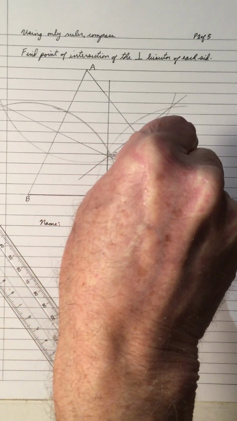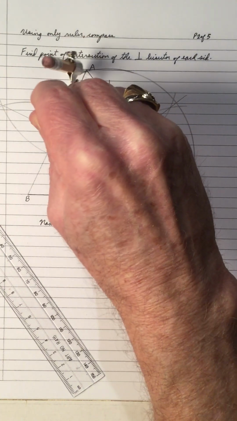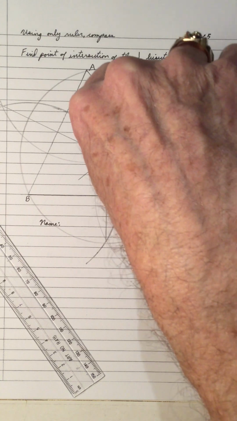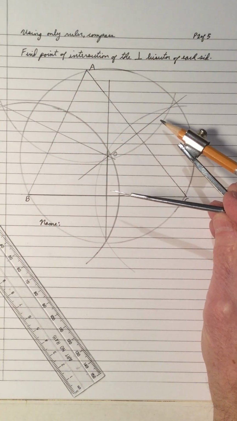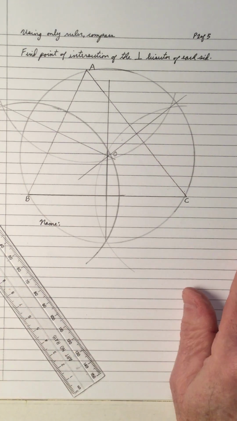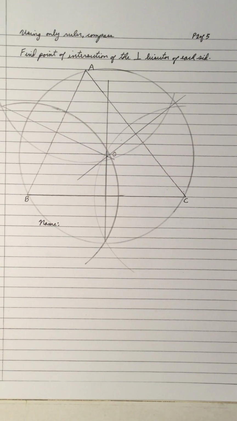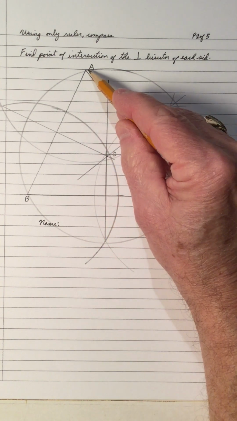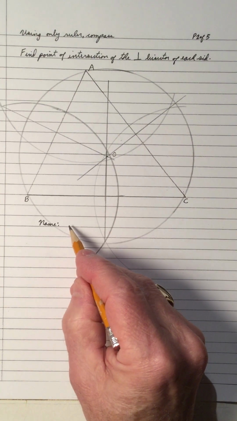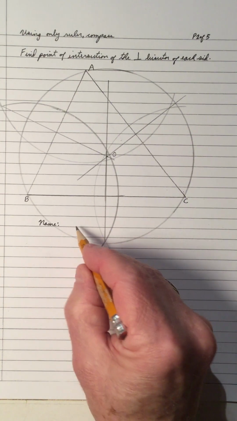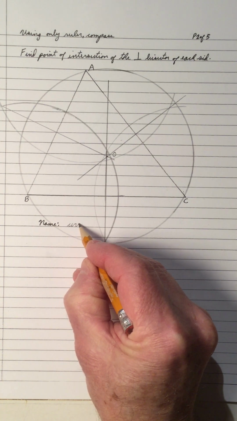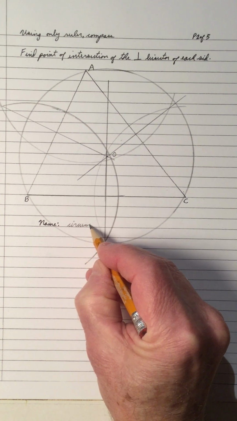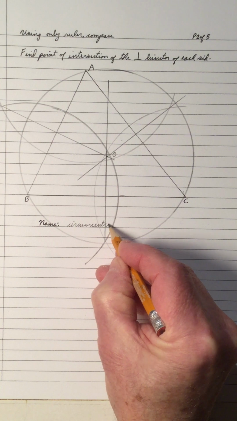So we can draw a circle that goes through A, B, and C. Where the perpendicular bisectors meet, you have this center, and it is the same distance from A, B, and C. We call this center the circumcenter.